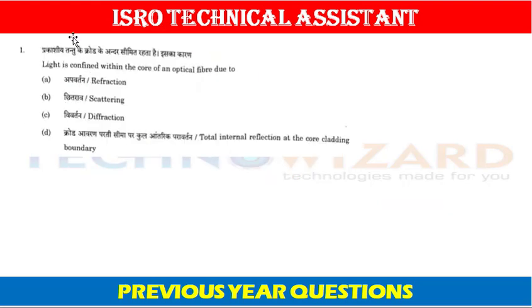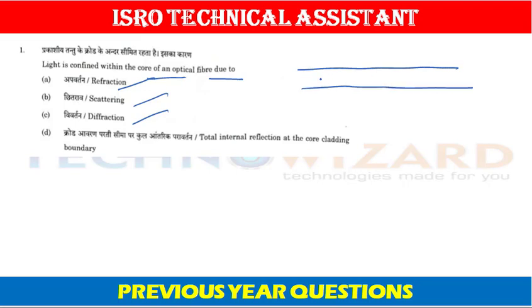First, question number 1: the light is confined within the core of an optical fiber due to refraction, scattering, diffraction, or total internal reflection at the core-cladding boundary. Suppose this is the light in the optical fiber, and this is the cladding. Here it is a mirror image. These are the mirror-like walls of the cladding.